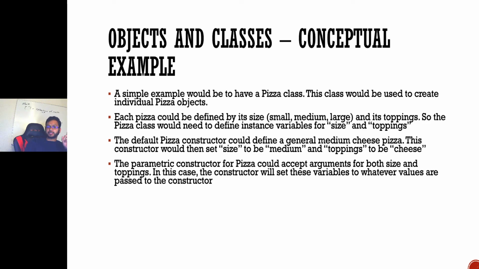From there, we had a different constructor which accepted both size and topping. And this is called the parametric constructor. In this case, the constructor took in both the pizza size as well as the topping and set that to be what it was supposed to be.